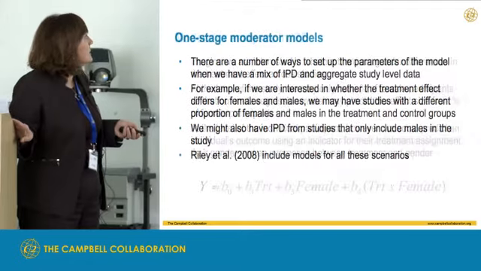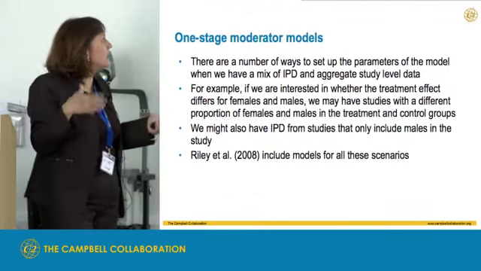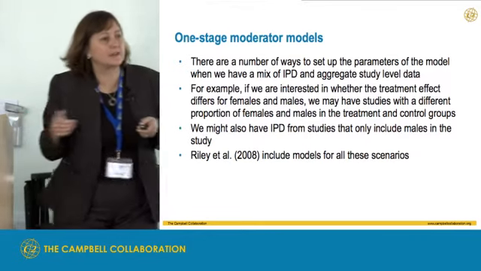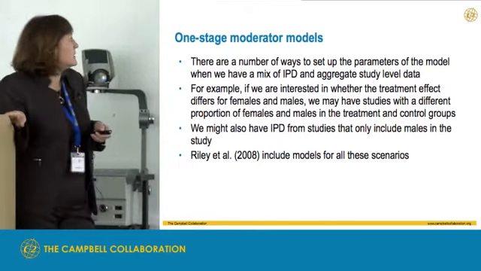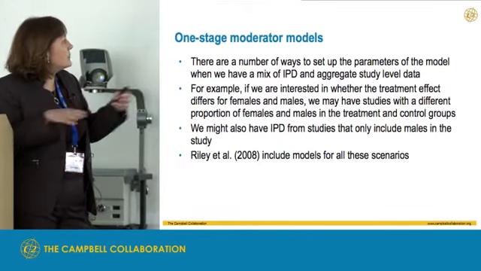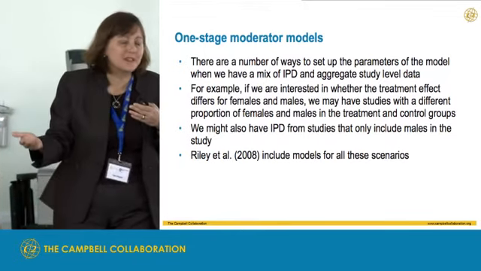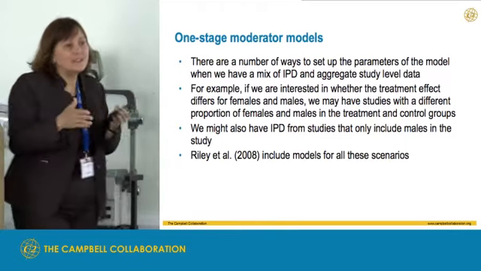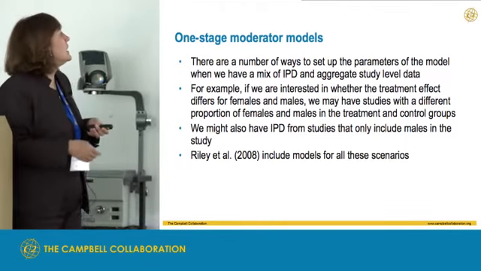Okay. So again, there are a number of ways to set up these parameters of the model, and we have a mix of IPD and aggregate data. And this gets at your question, Martina. For example, when we have studies that have a different balance of males and females, we need to parameterize the model to take that into account.